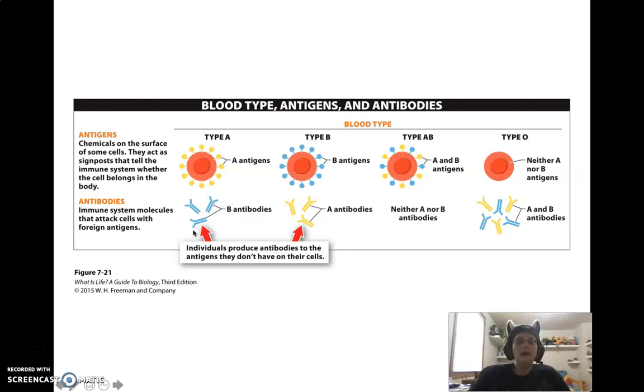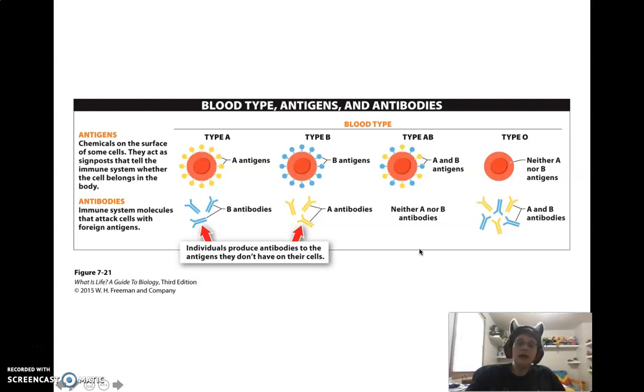Okay, and that actually can set off a huge immune response, and if it's severe enough, it can actually cause death. You've got the reverse for type B. So people who have type B blood make A antibodies, so they would attack type A. People who have AB blood have no antibodies, because if they did, they would attack their own blood.